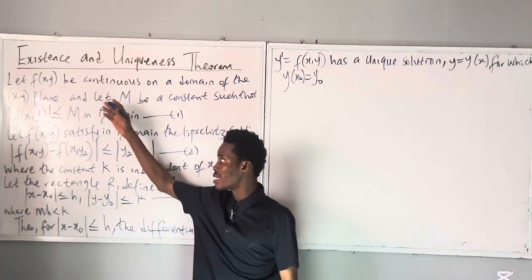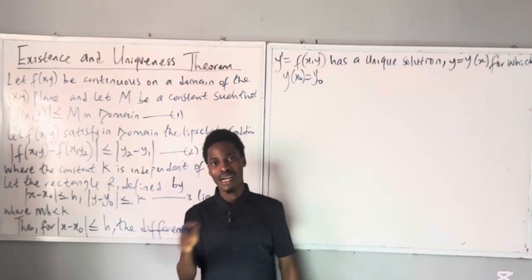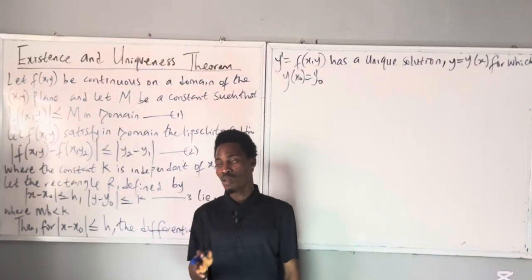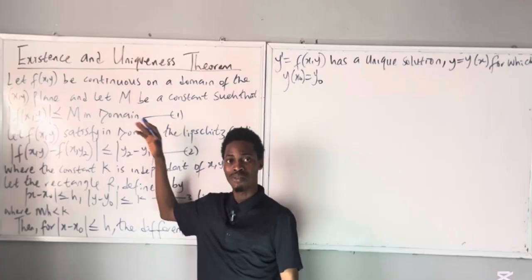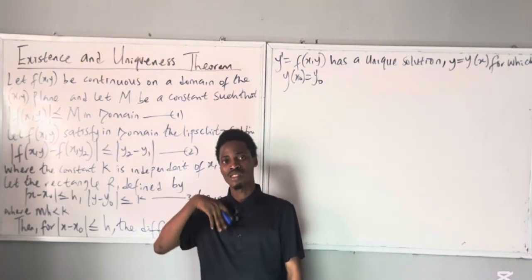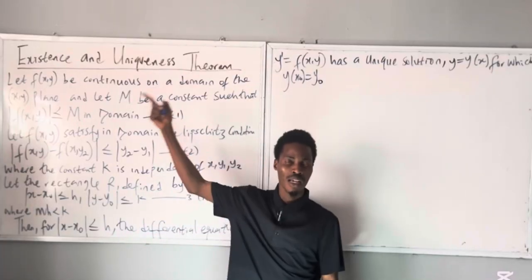But here we are given statements related to inequalities. There is a different way we can prove the Picard existence and uniqueness theorem. So it depends on the statement we are given. Suppose we are given to prove that f is continuous at t naught and y naught, we are going to use that previous explanation.